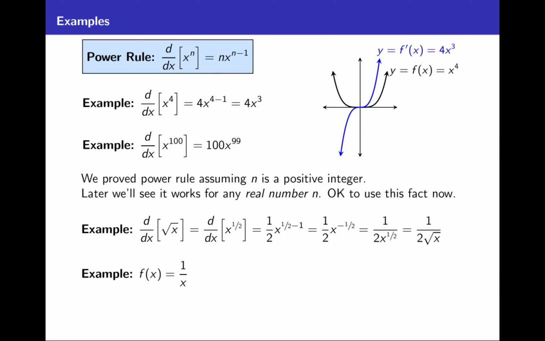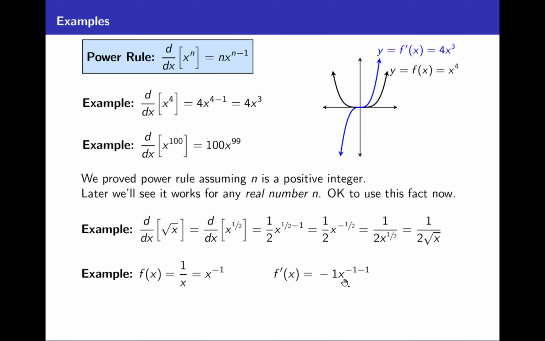For another example, suppose f of x is 1 over x. Let's think about f prime of x. Well, go back to f of x. 1 over x is x to the power of minus 1. It's a power. So we can find the derivative f prime of x using the power rule up here. We bring down the power of minus 1.